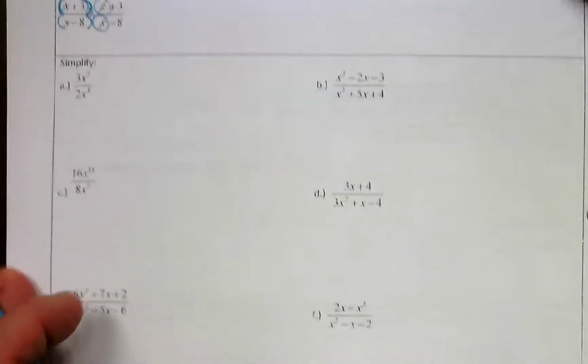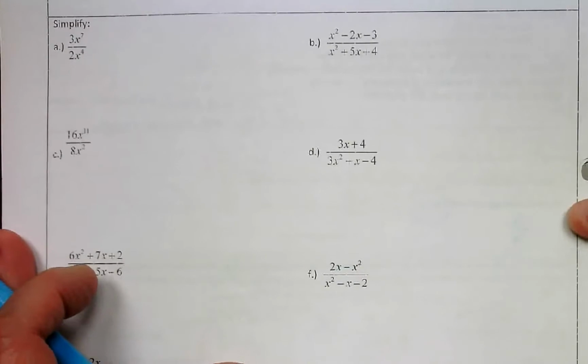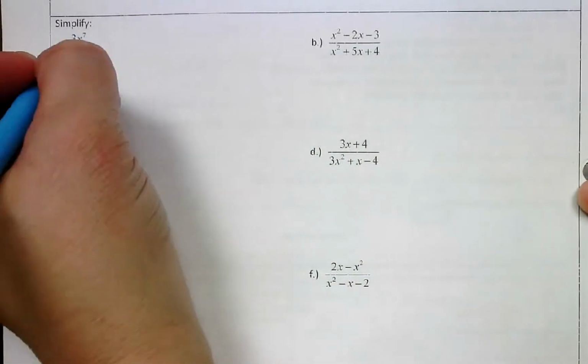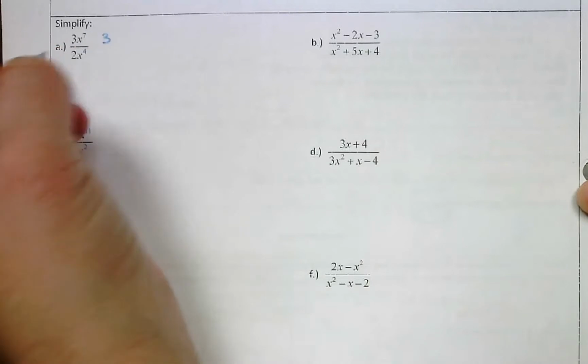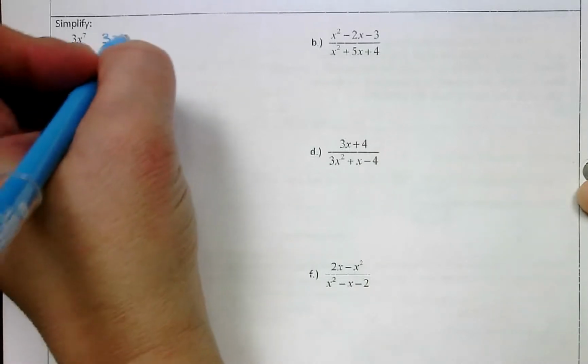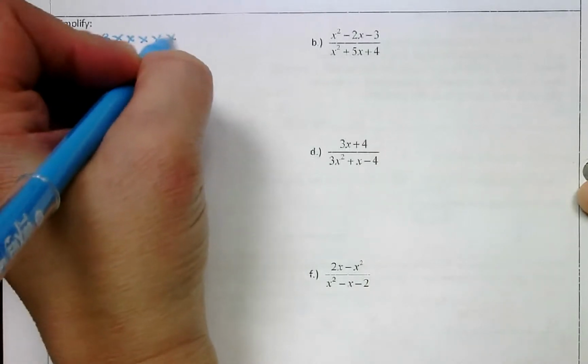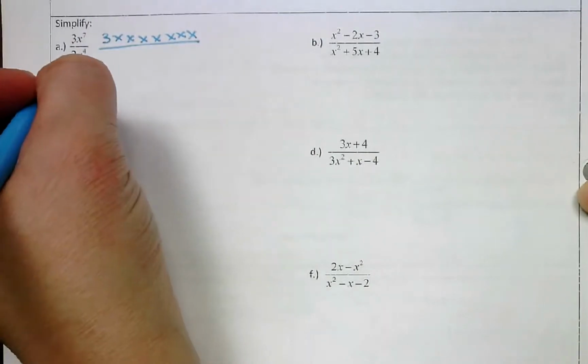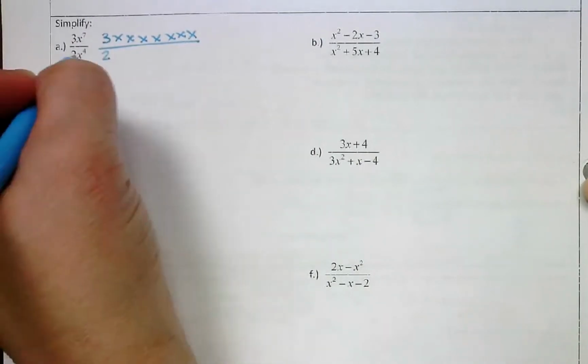Okay, so we're going to start with a basic problem. So this one right here, 3 times x to the 7th. Okay, well, 3 is 3 times 1. And then x to the 7th is 7 x's. Over 2, well, 2 only goes to 2 times 1. And then I have x to the 4th.